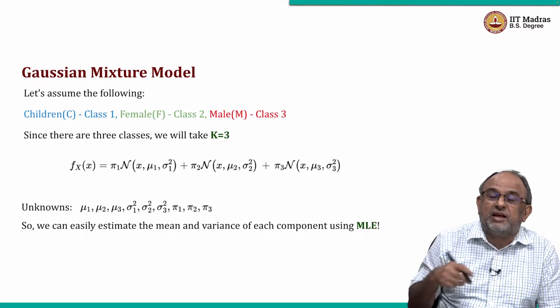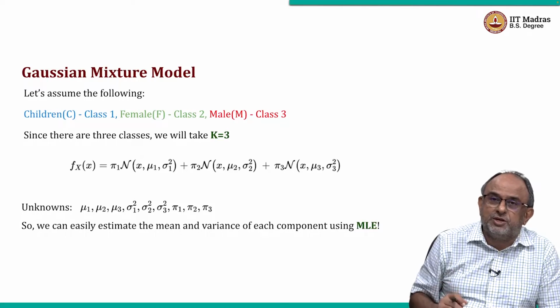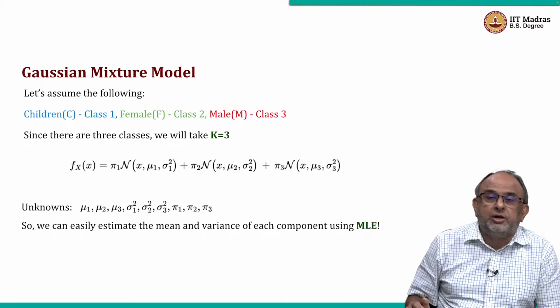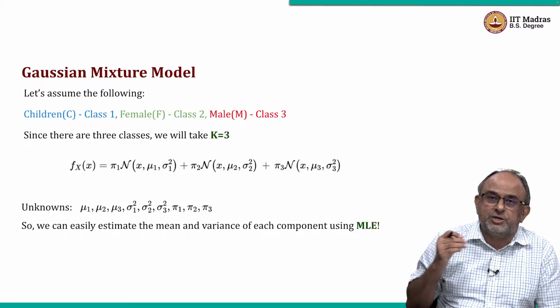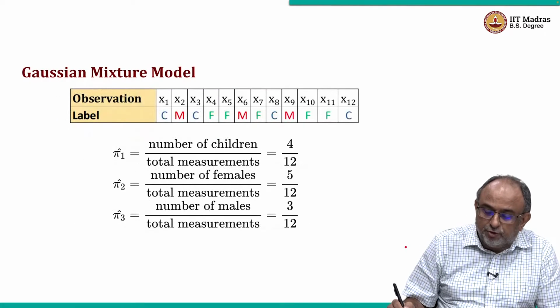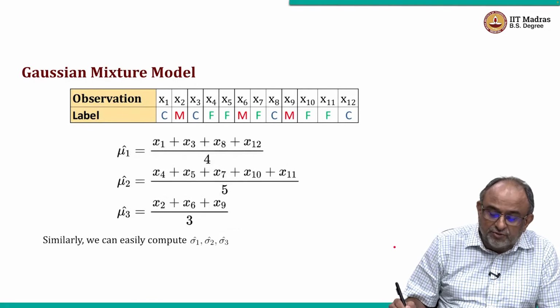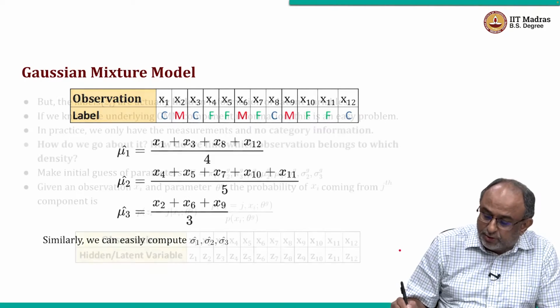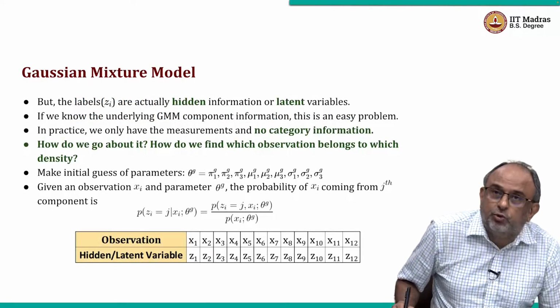But in practice, like I keep saying, I have only the height measurement. Somebody has forgotten to even find out whether it's a child measurement, female measurement or male measurement. And therefore that becomes an unsupervised problem. And what do we do, right?